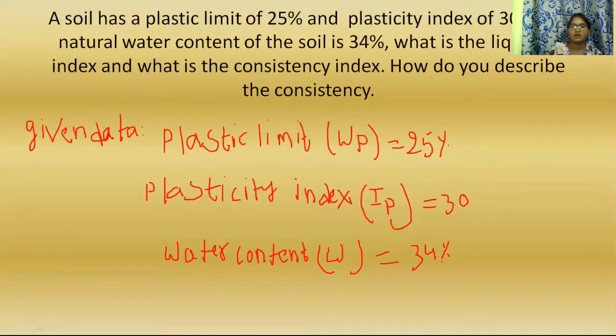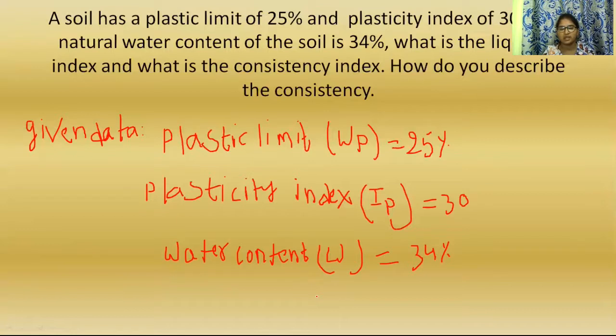Now, what is the liquidity index? The formula for liquidity index is I suffix L is equal to the difference between the natural water content and plastic limit, divided by the plasticity index.